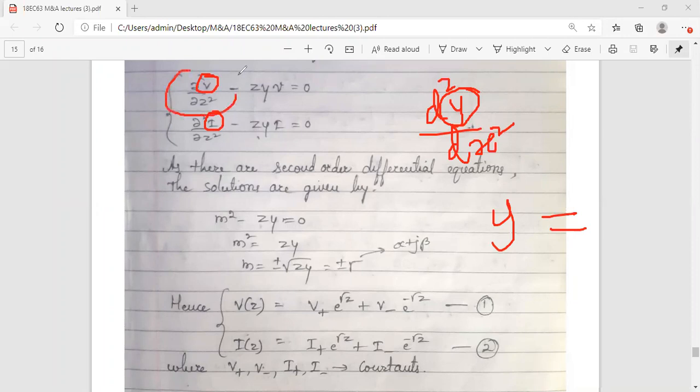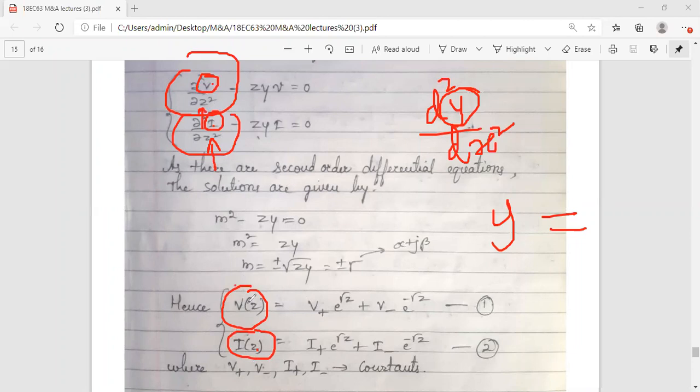Similarly, our equations are having V and I. So LHS will be V of z and I of z. I'm specifying z because it is a partial derivative with respect to z.